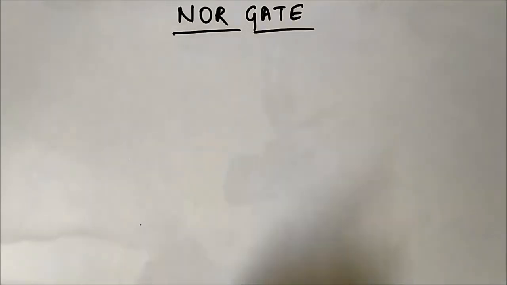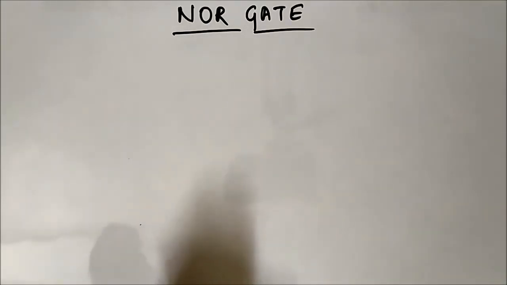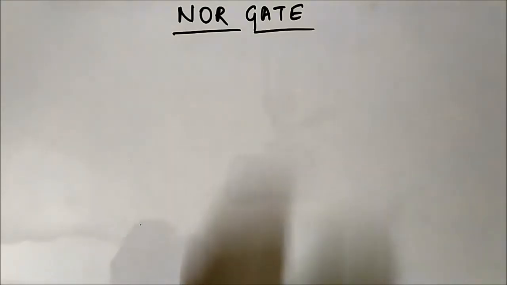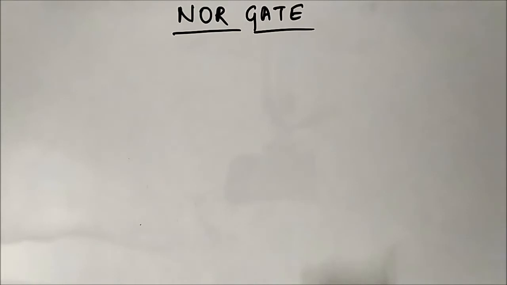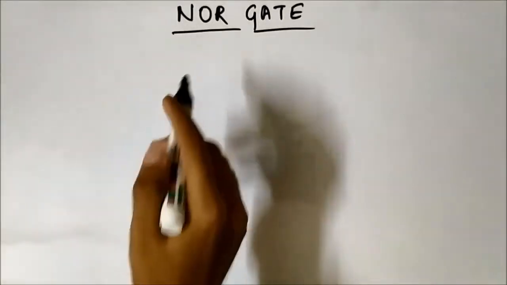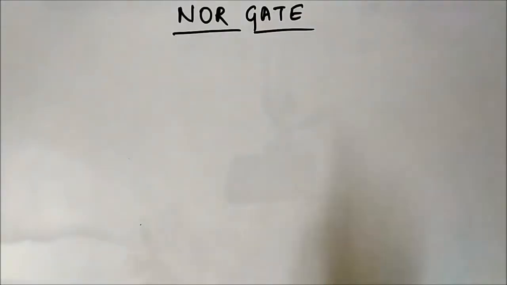In the NAND gate video we got to know that the NAND gate is actually a variation of the AND gate. It is derived from the AND gate by the addition of an extra NOT gate or inverter. Similarly, the NOR gate is actually derived from the OR gate by the addition of an extra NOT gate or inverter.